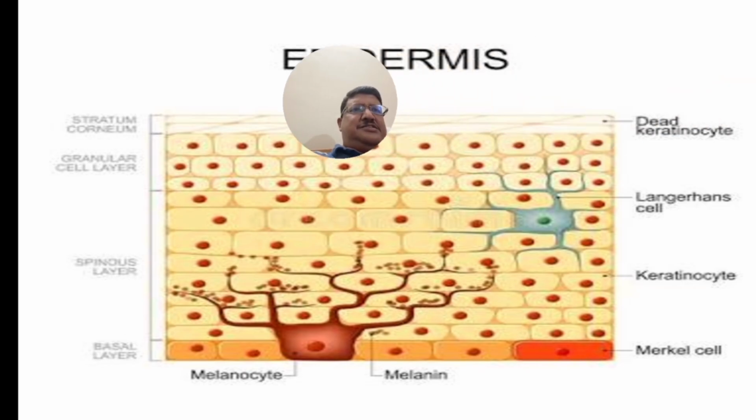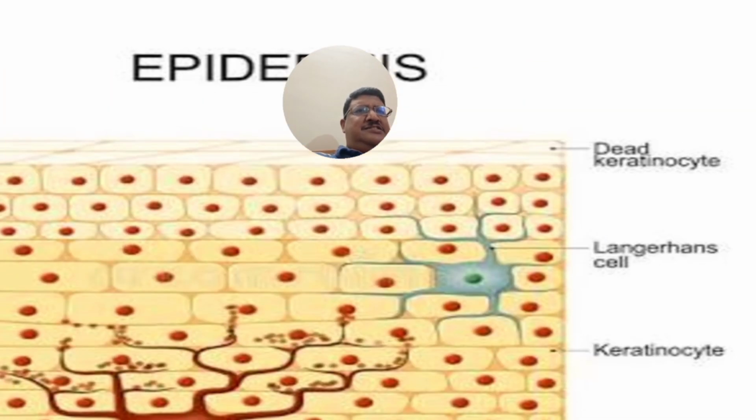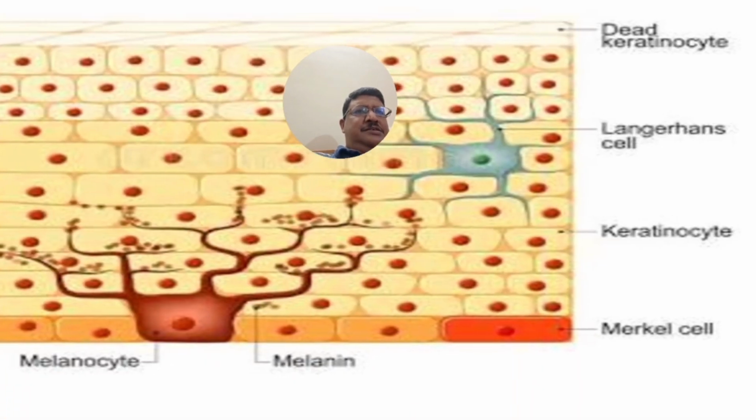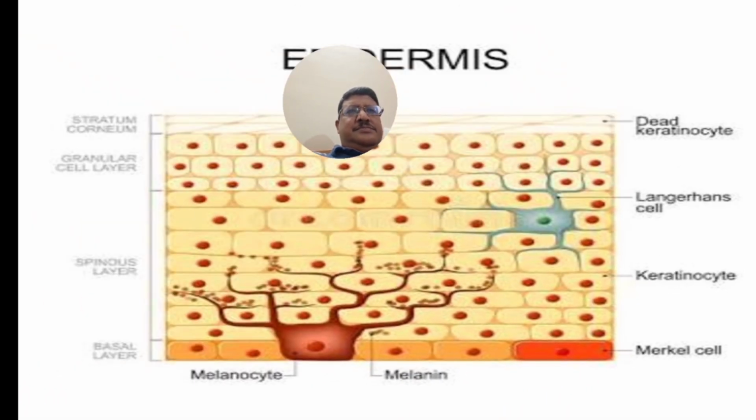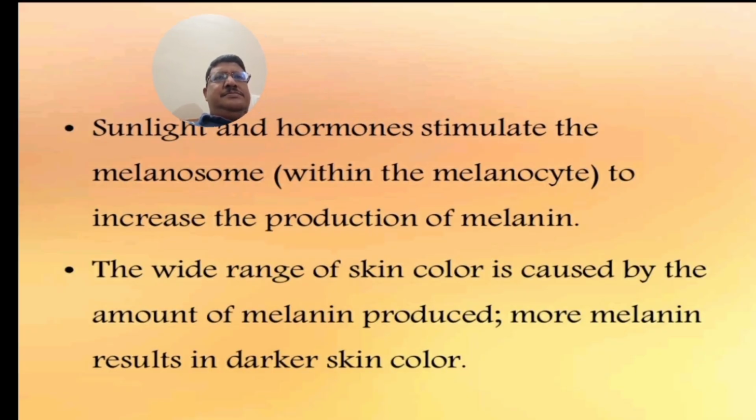So these are the structures, that is dead keratinocyte, Langerhans cells, and Merkel cell. Sunlight and hormones stimulate the melanosomes within the melanocyte to increase the production of melanin.